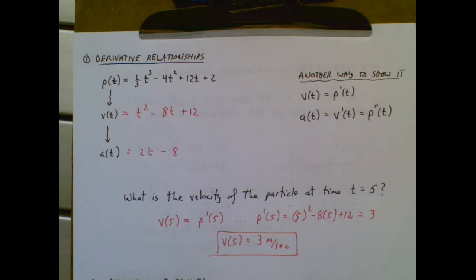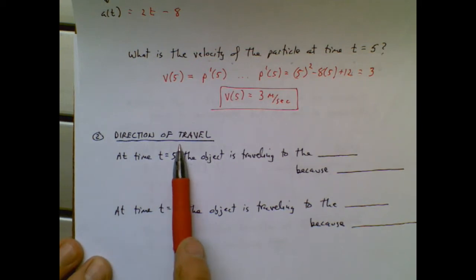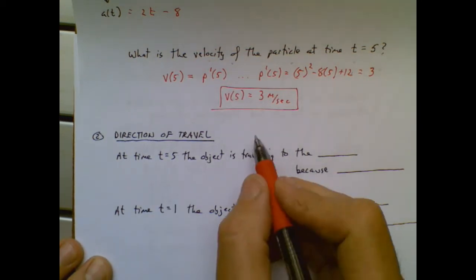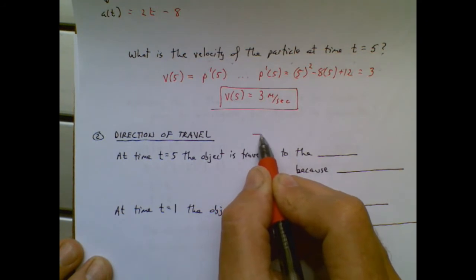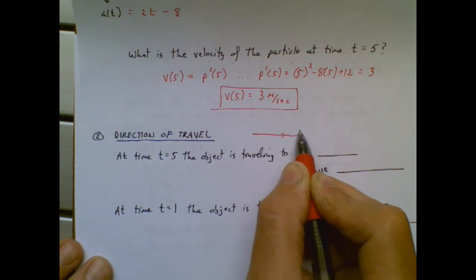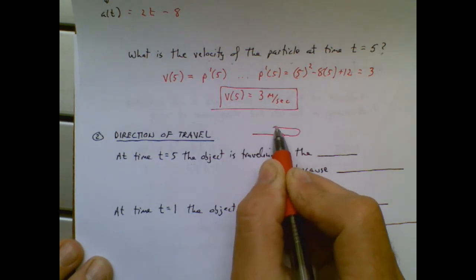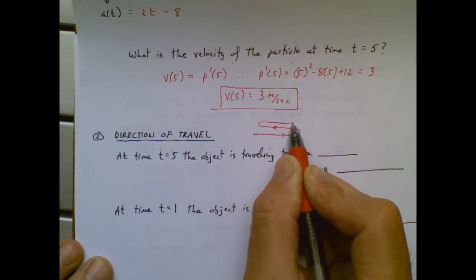Let's move on to the second item you need to know, which is the direction of travel. Okay, so the direction of travel, we know that our little particle, especially from that opening example, is sometimes traveling to the right, and then sometimes it switches back to the left, and it might even switch back again, who knows.